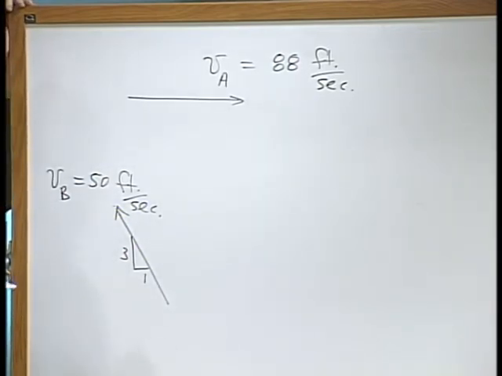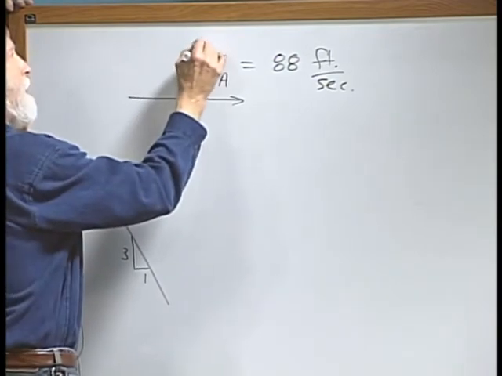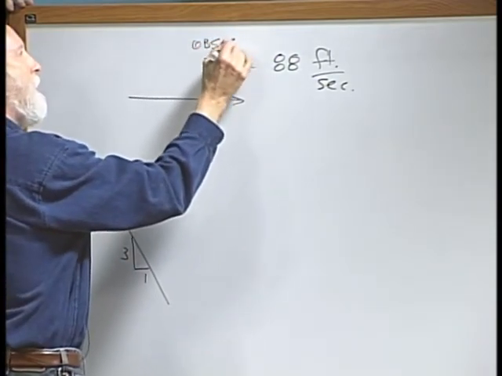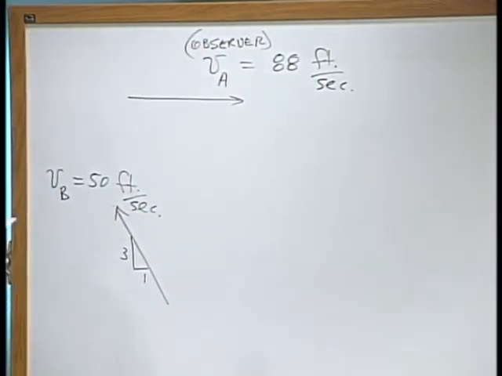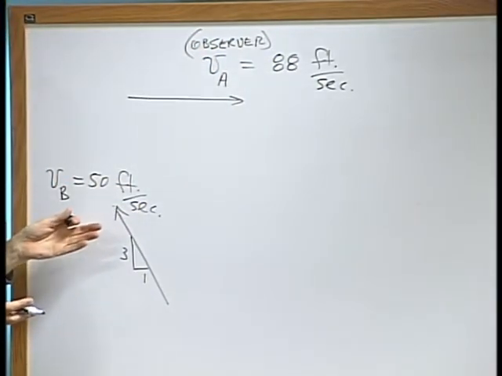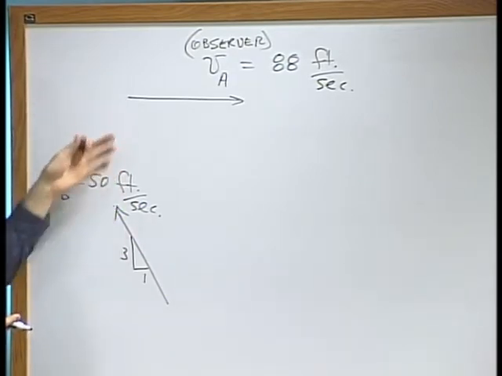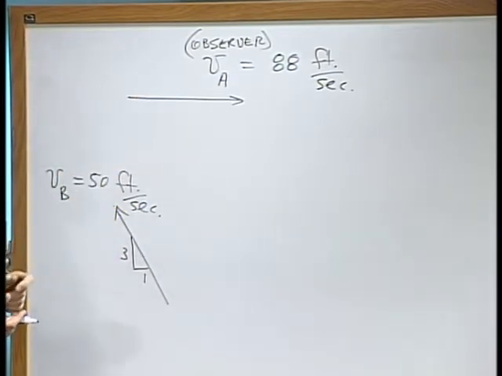Okay? What I'm interested in is what the relative speed is. Now, where do you want to be as the observer? Do you want to be in the 60 mile an hour vehicle or this one moving slower? I want to be in the faster one. Okay? So we're going to be the observer here. Now, I didn't tell you where they are relative to each other. All I've told you is a description of their directions and their magnitudes. Okay?